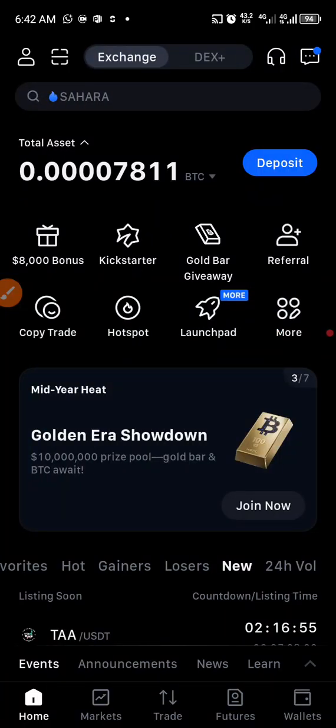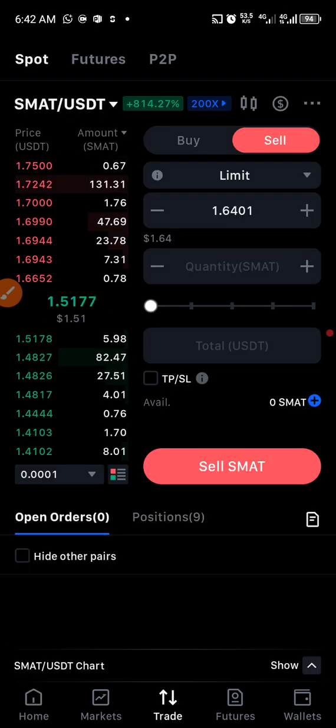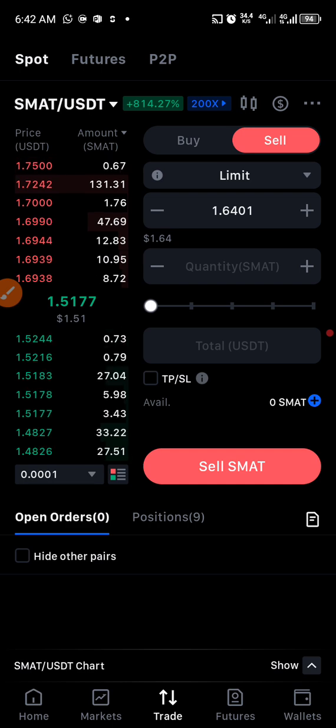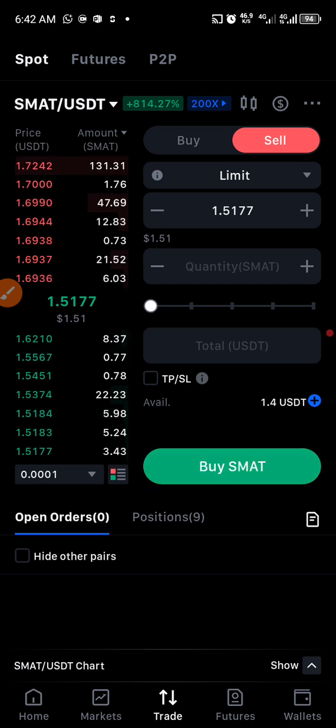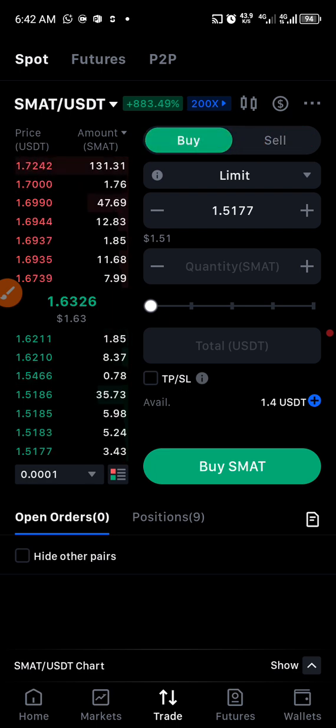Now, in trading crypto, we have two types of trading. The first one is spot trading. For spot trading, all you need to do is go to trade here. You will see this is spot trading, and all you need to do here is just buy and sell. This means you are buying a particular coin. For instance, this is a coin here.